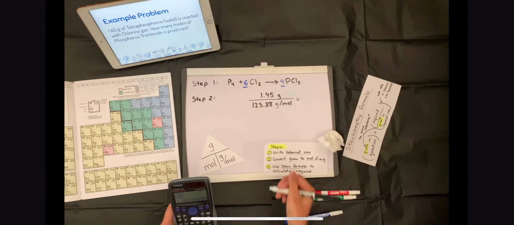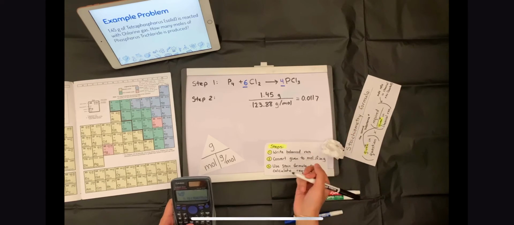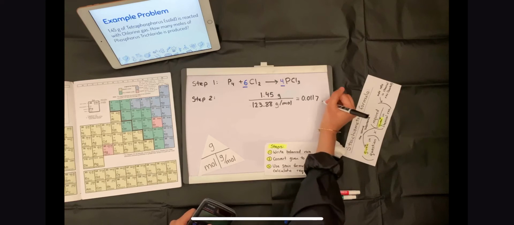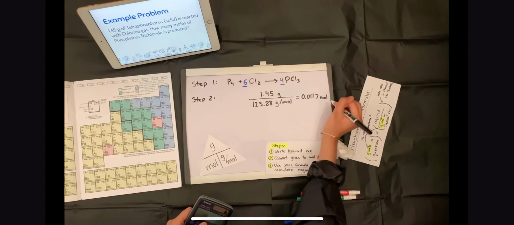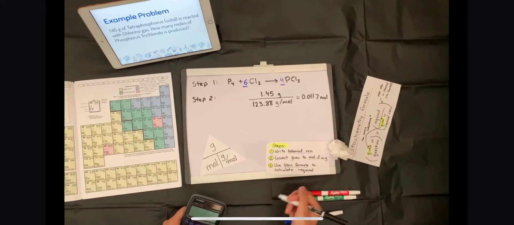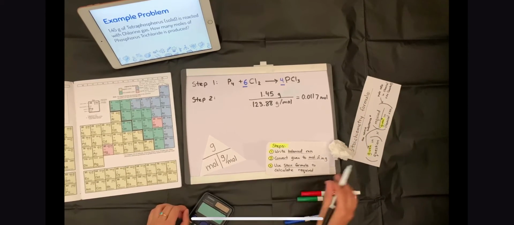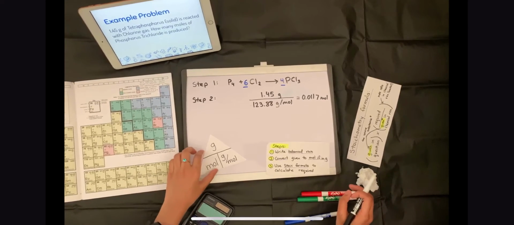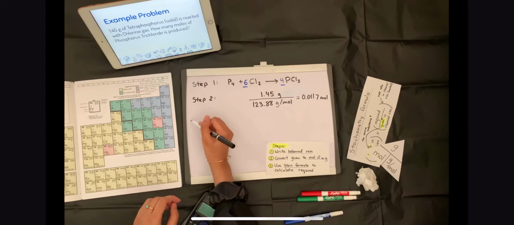Now the answer we get is 0.0117 mole of phosphorus, but yeah, we can just write P. And so now that we have converted the given that was initially given in grams to moles, now we can move on to step 3.